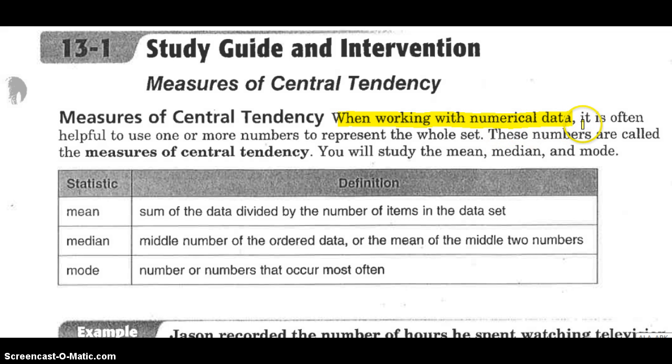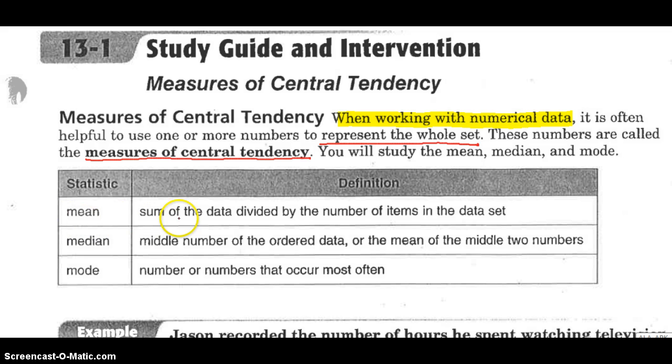So if you have a lot of numbers to work with, it is often very helpful to only look at one or a few numbers that can represent the whole set. These numbers that you want to concentrate on are the measures of central tendency. They're called the mean, the median, and the mode.